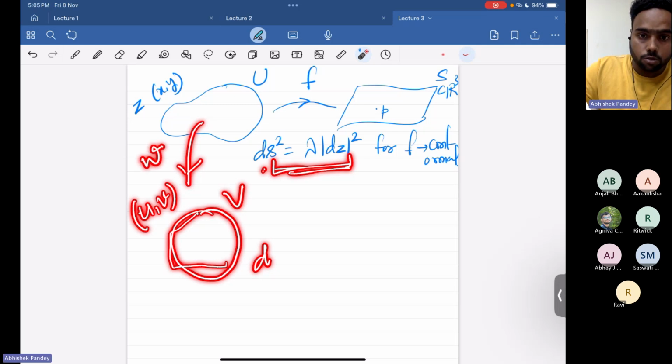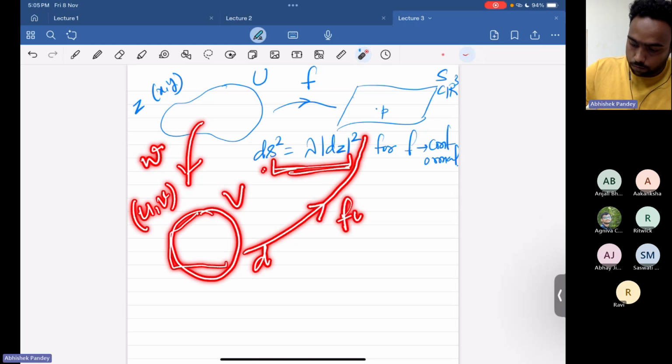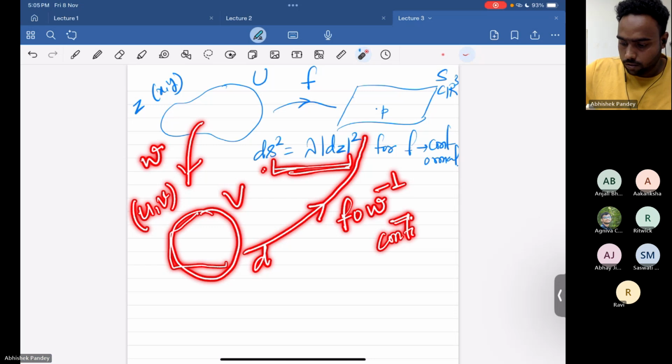If we are able to do so, then this will be f composition w inverse, and by the Gauss result, this is going to be conformal. Is it clear, the idea?